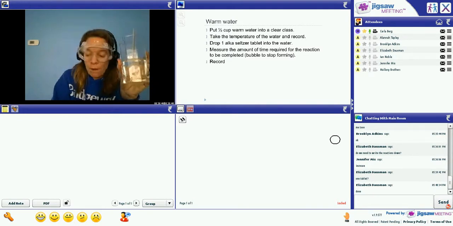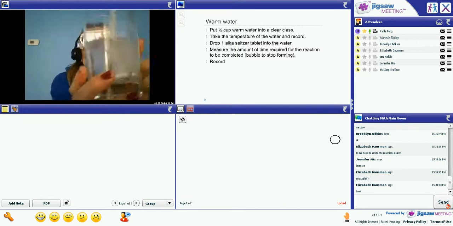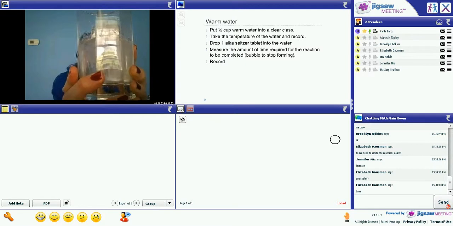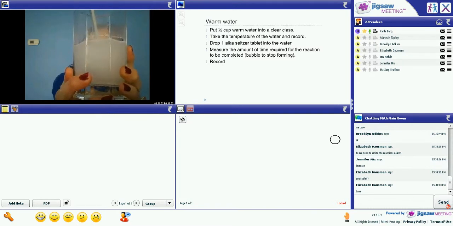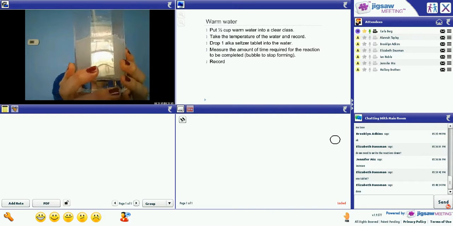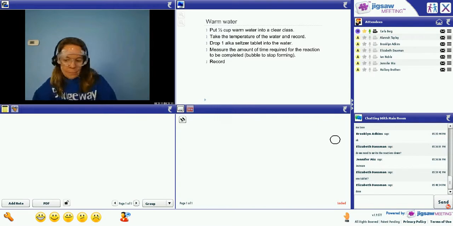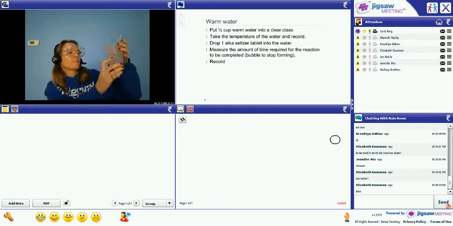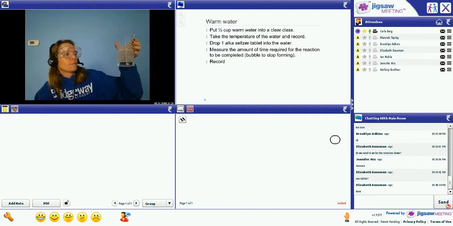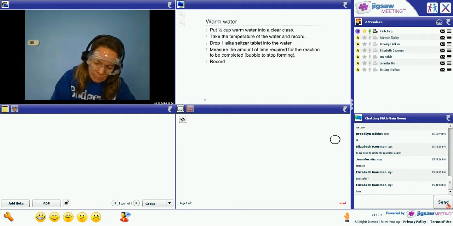So go ahead and do that for the warm water. Mine has just stopped.